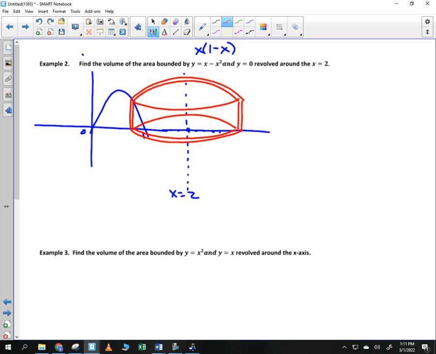I like to look at my original rectangle that I drew and say that occurred at an x value. So we decided on the shell method here. As we have this shell method, I'm going to unravel it. When you unravel it, what shape does it make? It makes that rectangle.